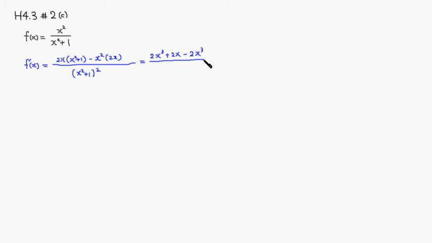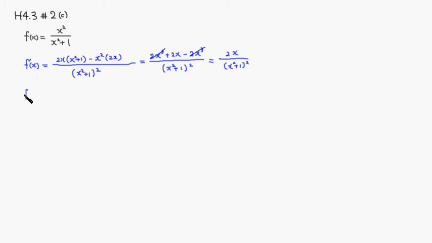On the bottom, you have x squared plus 1 squared. The 2x cubed and 2x cubed cancel out, so you end up getting 2x on top, over x squared plus 1 squared. So we have to take another derivative.